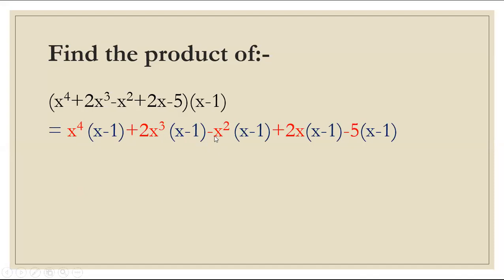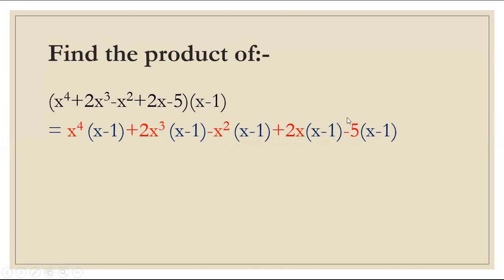Please, Iman, if there is a sign of minus, you have to put the sign of minus over here also. Don't forget the sign. Okay, if one sign is wrong, your whole question is going to be wrong. Okay, so fourth term, second bracket, fifth term, second bracket.